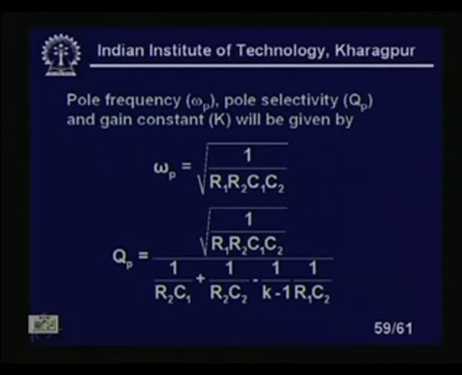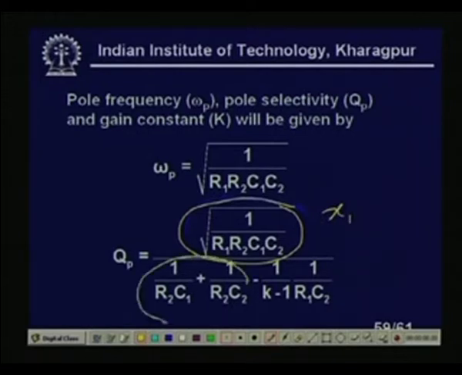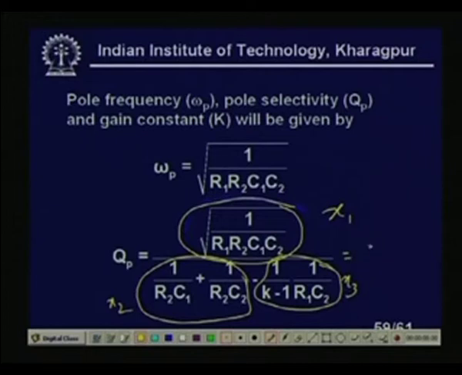So I can write this as x1, this as x2, and this as x3. So x1 upon x2 minus x3, is it not?